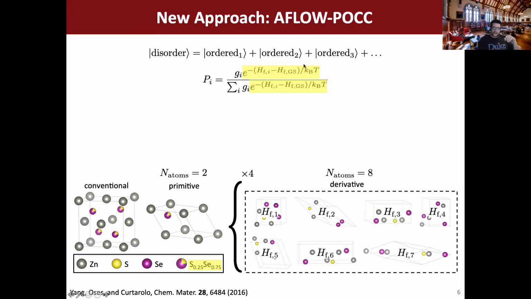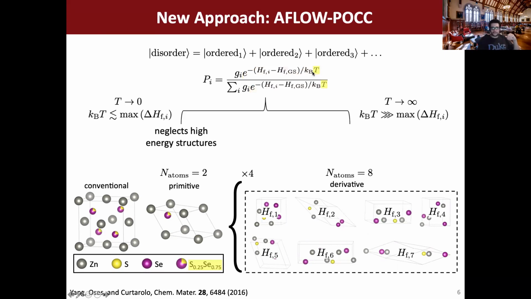And this is going to be weighted by a parameter that we're going to roughly call temperature. So what is this T telling us? It's really a disorder tuning parameter. I'll tell you what happens at the extremes. As T tends to 0, you're really focusing your statistics on just the ground state structure.